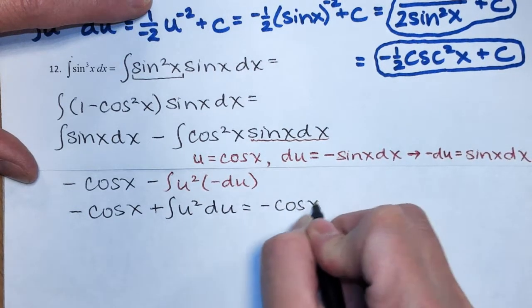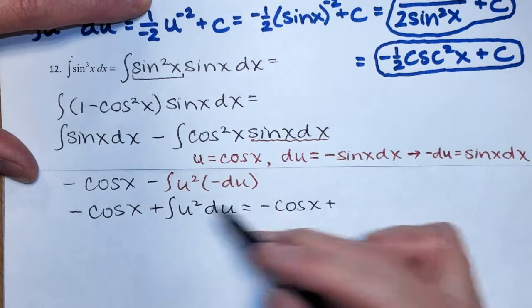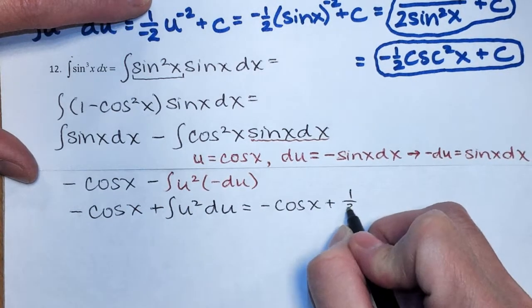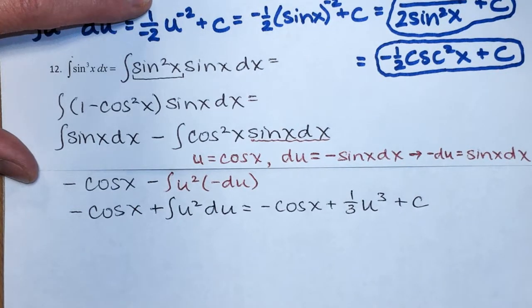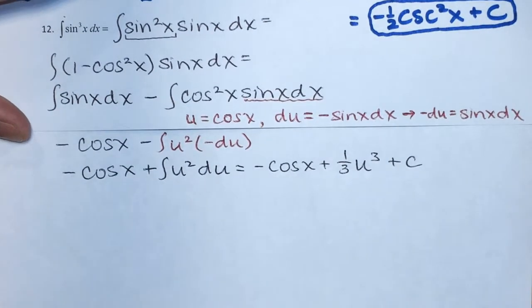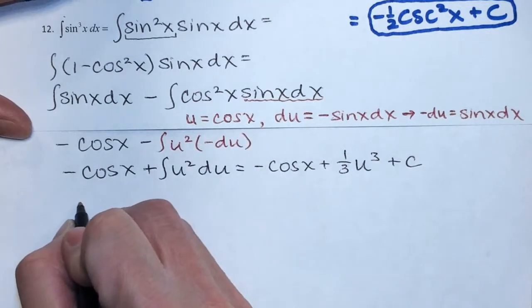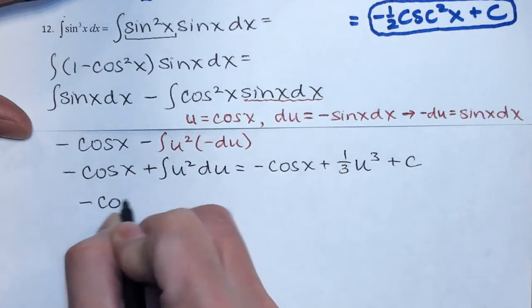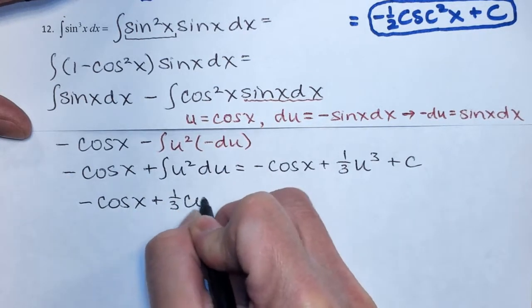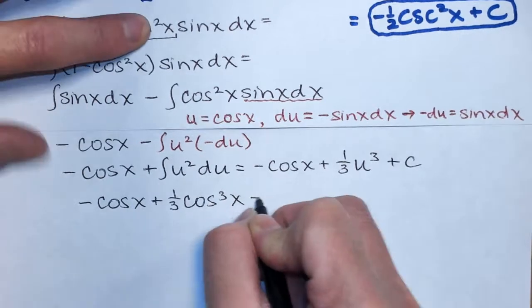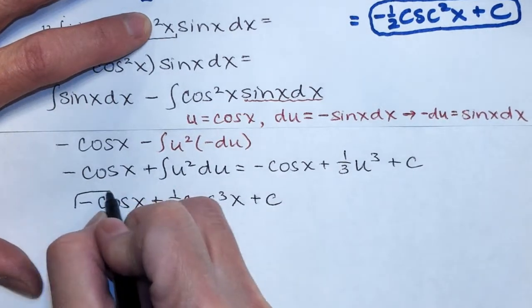Negative cosine x plus the integral of u squared is 1/3 u cubed plus c. And finally, my last step, get rid of the u, put my original function back in, and I get negative cosine x plus 1/3 cosine cubed x plus c. Oh, that's a good one.